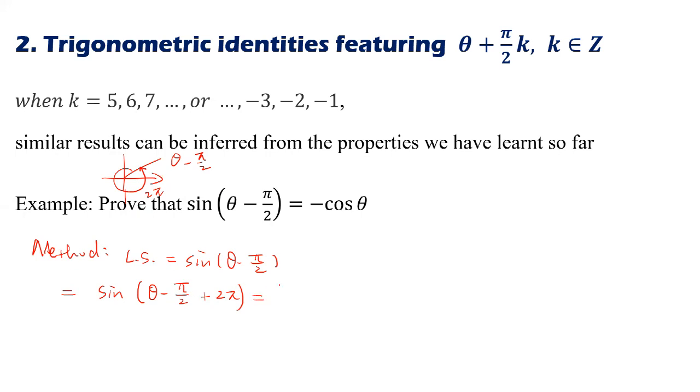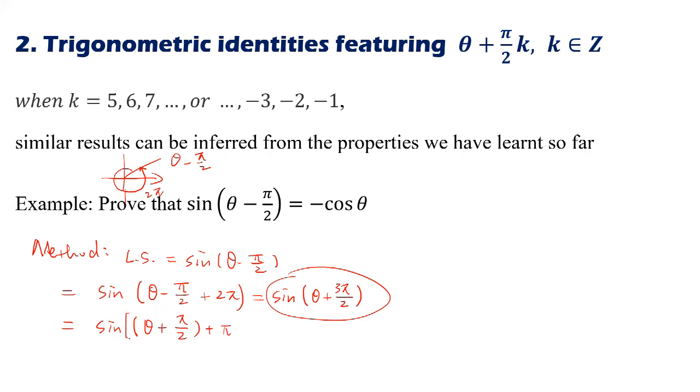Okay, so this is actually sine of theta plus 3 pi over 2, right? And we have already proved that in the previous slide. So sine of theta plus 3 pi over 2 is actually sine of theta plus half pi and then plus another pi, right?